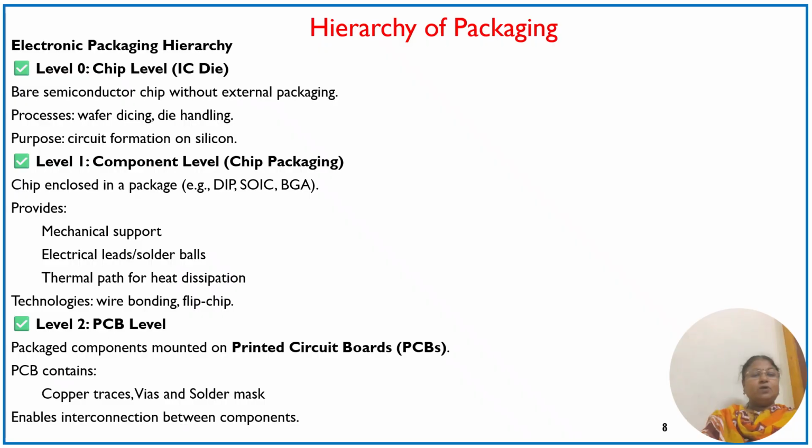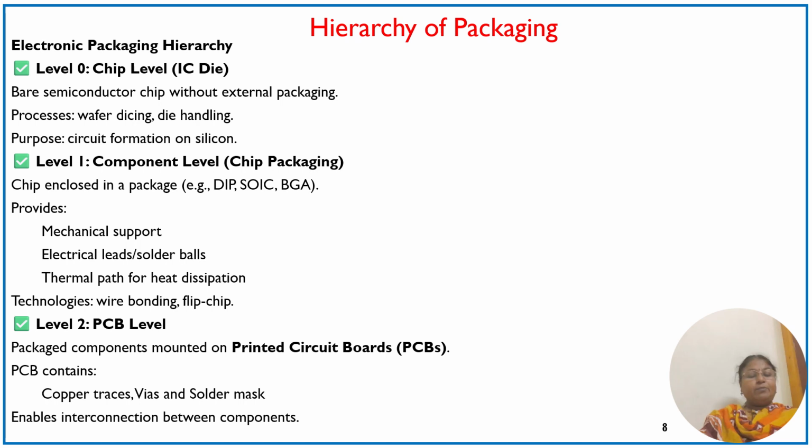And coming to level 1, which is the component level, here only the dual inline package, or it can be a single IC and BGA, with respect to the ball grid array type of packaging, are involved. It's a single IC package, single outlet with respect to an IC package, and PCB level is going to be totally different by means of a board.